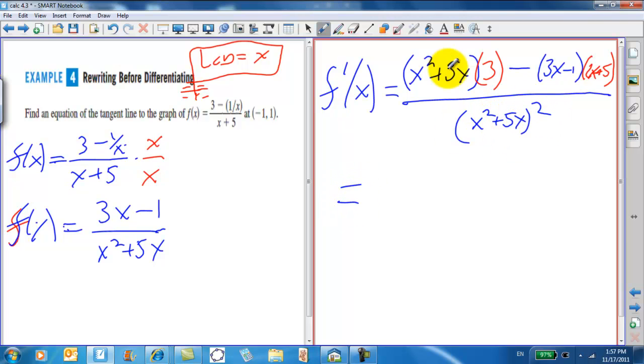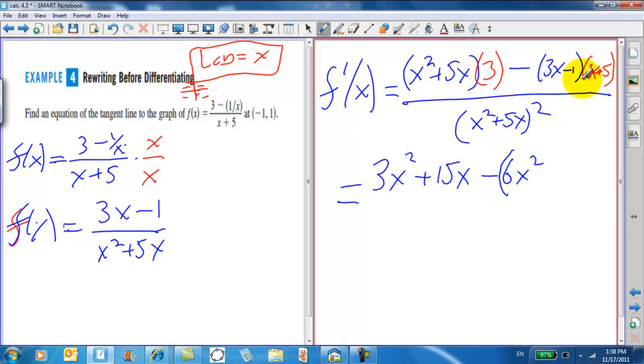Okay, all that remains now is just to expand and combine like terms. 3x squared plus 15x minus 3x times 2x is minus 6x squared. Minus, oh, I'm sorry, this is 3x minus 1 times 2x plus 5. So we have to do the whole expansion here. This is minus 6x squared.